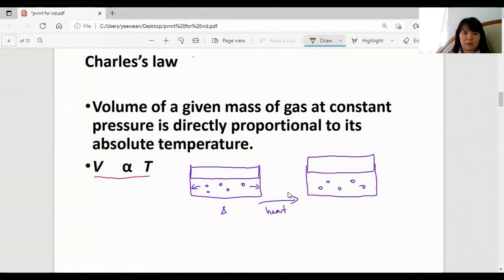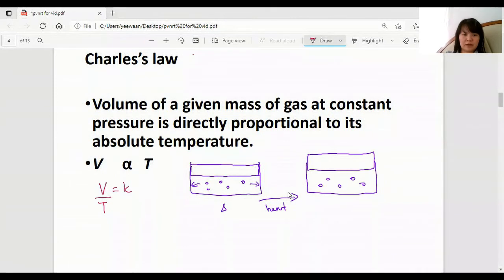So if it's directly proportional, I can write it this way. I can bring this down. So V over T should be a constant. What does that mean? As temperature increases, volume will also increase. It's a constant. So this is the initial volume at a certain temperature.